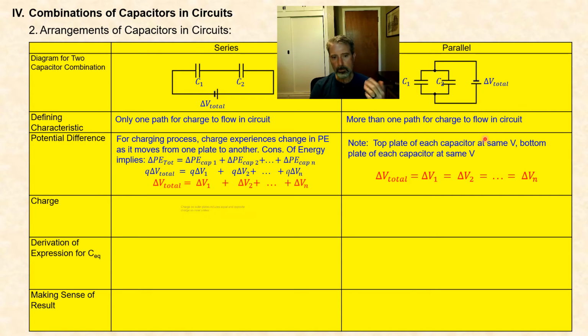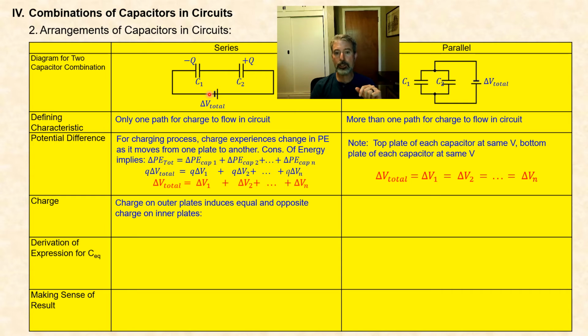Now, when it comes to charge, going back to the series arrangement, just like we said, if we look at the charging process, electrons flow from the negative terminal onto the left-hand plate of capacitor 1. When that happens, that plate acquires a negative charge. Likewise, electrons from the right-hand plate of capacitor 2 flow, really the same number of electrons, to the positive terminal of the battery.